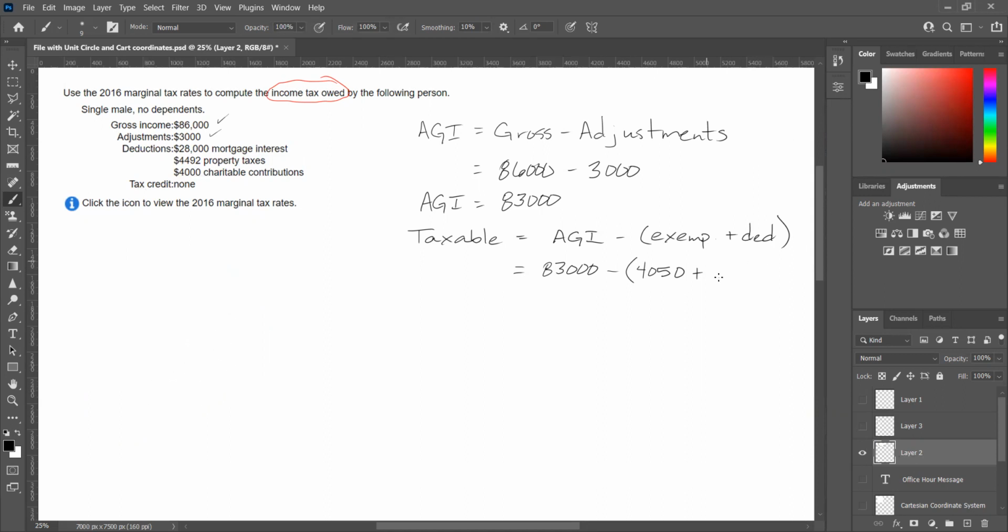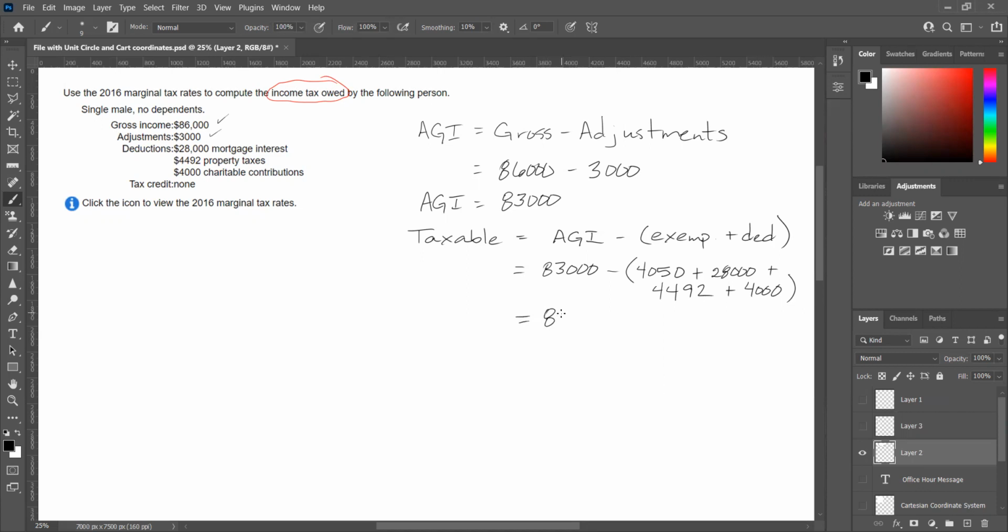Okay, so the itemized deductions include 28,000 mortgage interest and 4,492 in property taxes and 4,000 in charitable contributions.